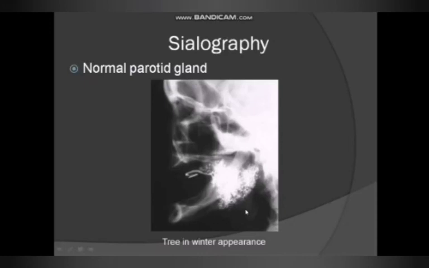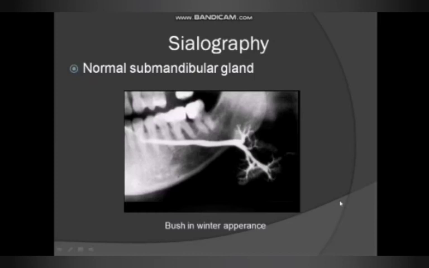And this figure shows the normal parotid gland, which is seen as a tree in winter appearance. This is a view of a normal submandibular gland, which is shown as a bush in winter appearance, which means a small tree appearance.